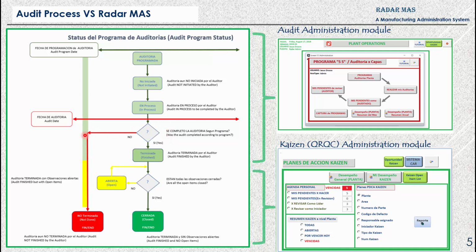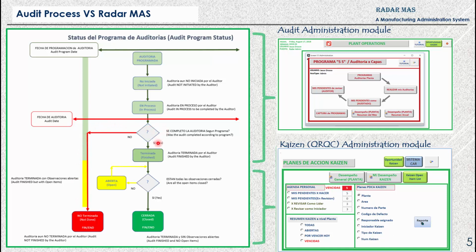If that is not the case, the system will block the opportunity to continue performing the audit. And of course, this will result in a demerit to the auditor.